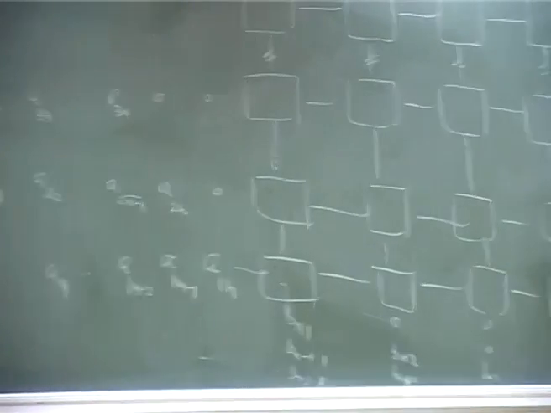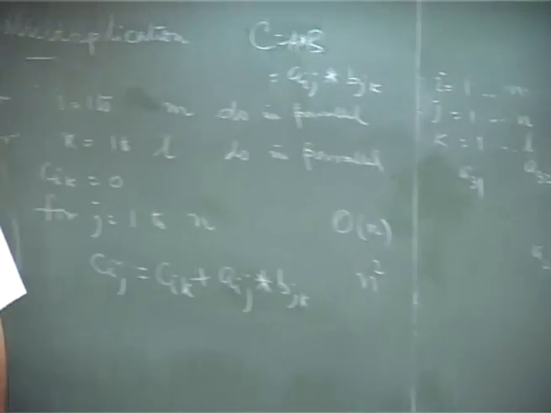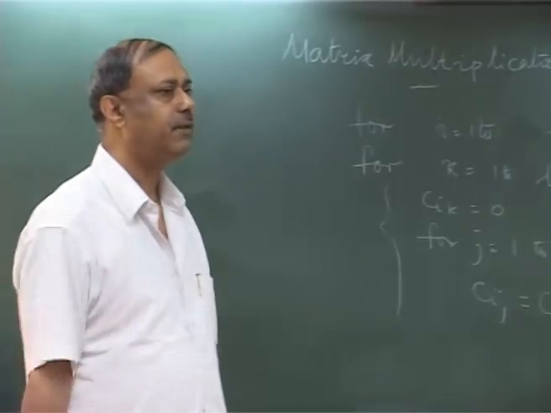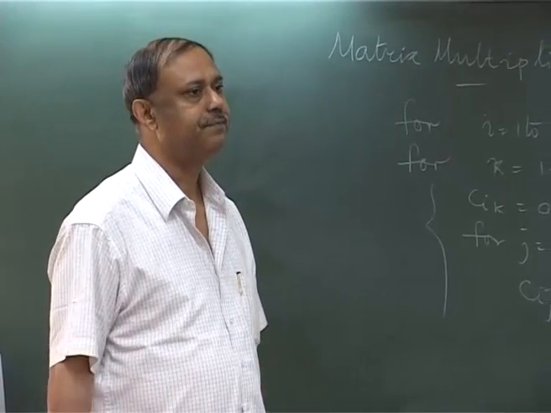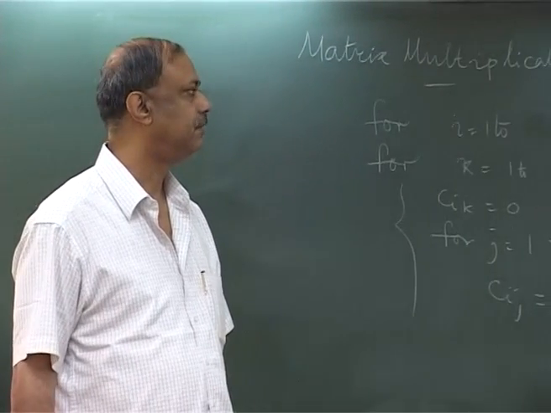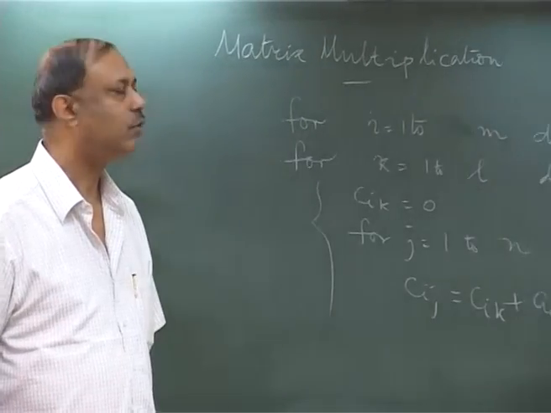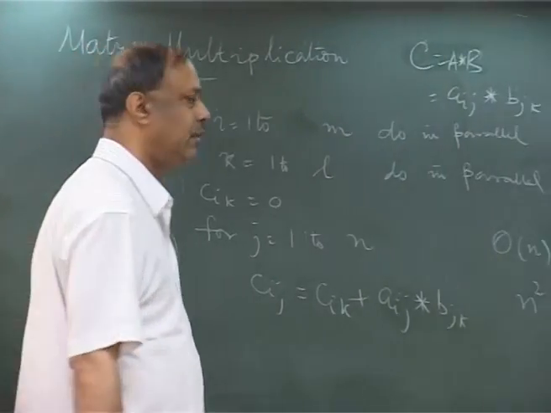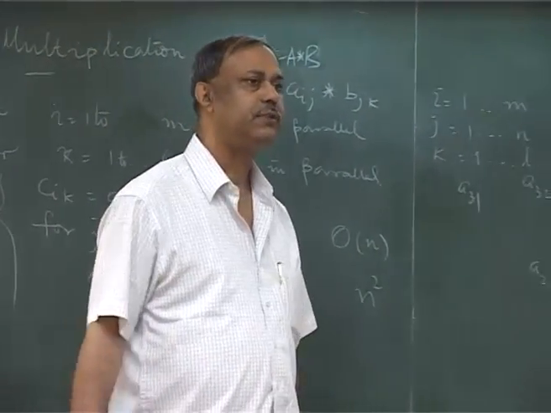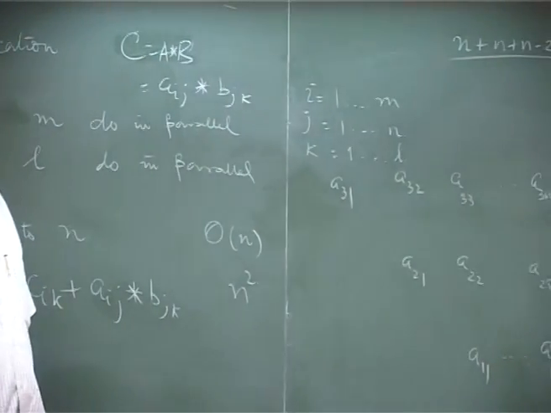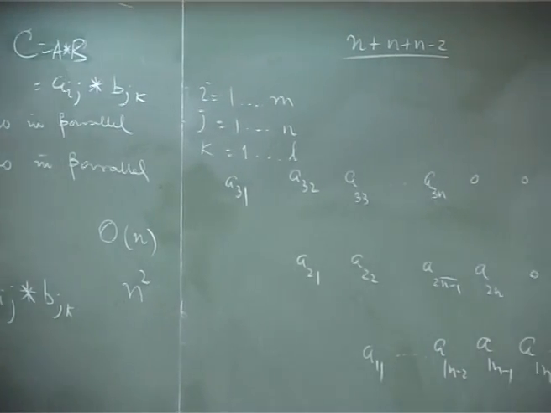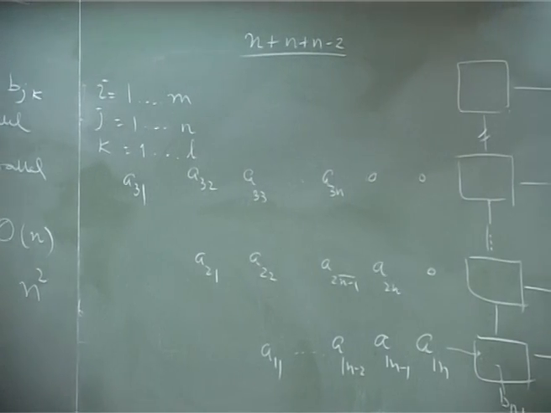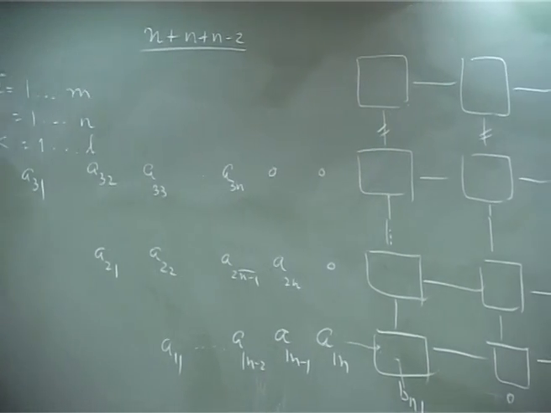Agree? So after m plus k plus n minus 2 iterations, the matrix multiplication will be ready. So basically, it is order n time using n square processors, which takes order n cube cost to multiply the two matrices.